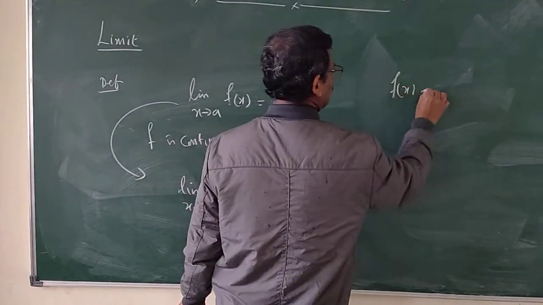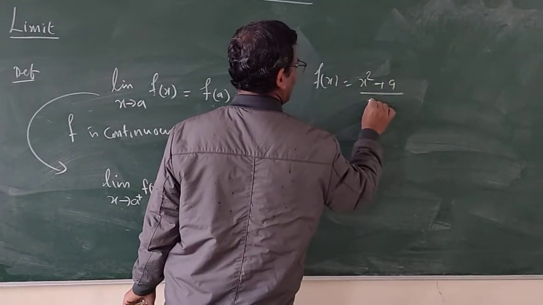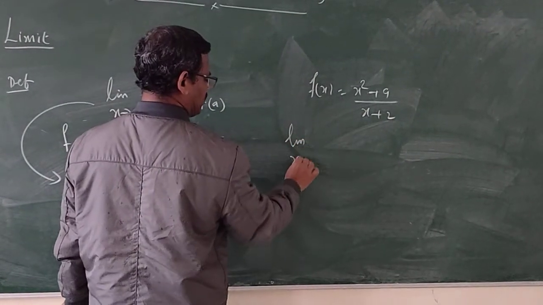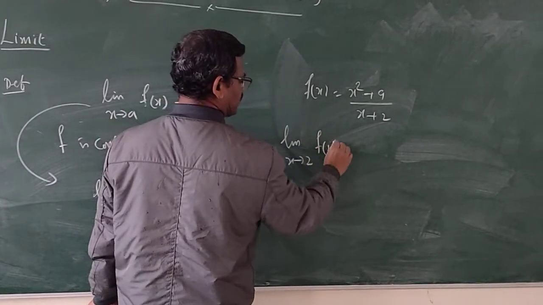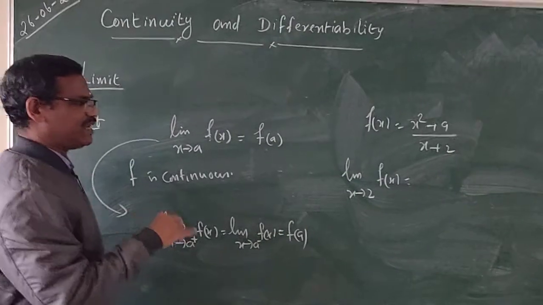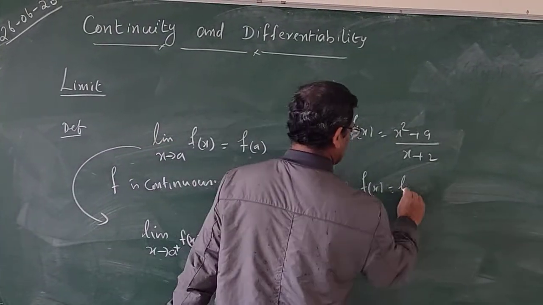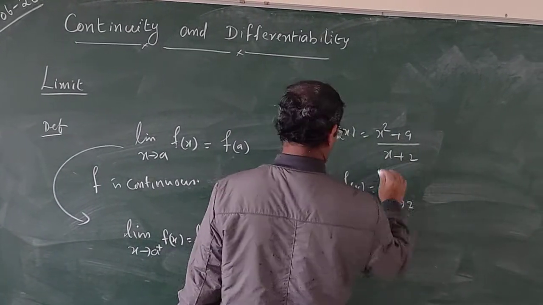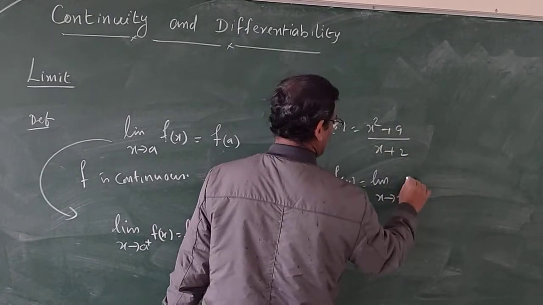Suppose f of x is equal to (x square plus 9) divided by (x plus 2). You are asked to find the limit of f of x as x tends to 2. I told you that the first step in finding the limit is to directly substitute the value of x.